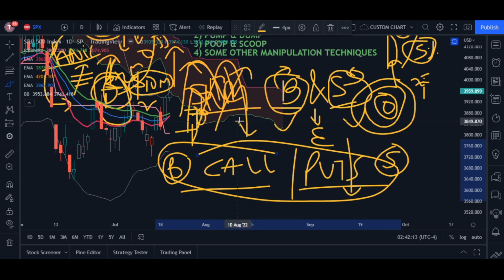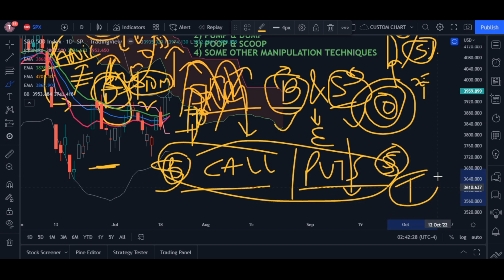Now when they have decided to keep the market in a particular price range for 2 to 4 days or for a week, in that case they will sell the calls and they will sell the puts, because in calls and puts we have theta. Theta is the time decay.